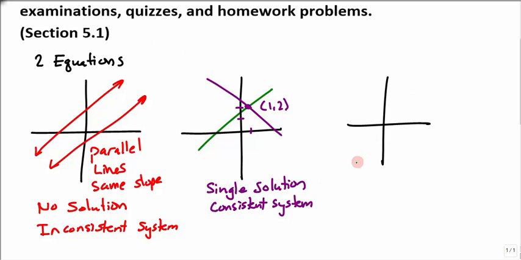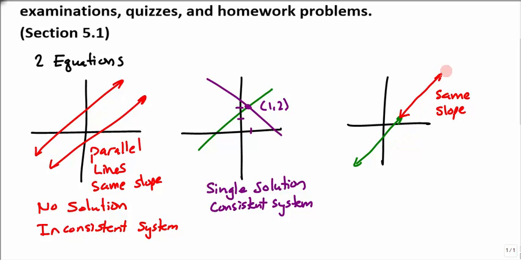Now our next case would be where if I graph one line, the other line runs right into it, and they actually end up being the same line. So these have the same slope, and the same y-intercept as well, whereas these have different y-intercepts. So these parallel lines have the same slope. The same lines have the same slope here as well.